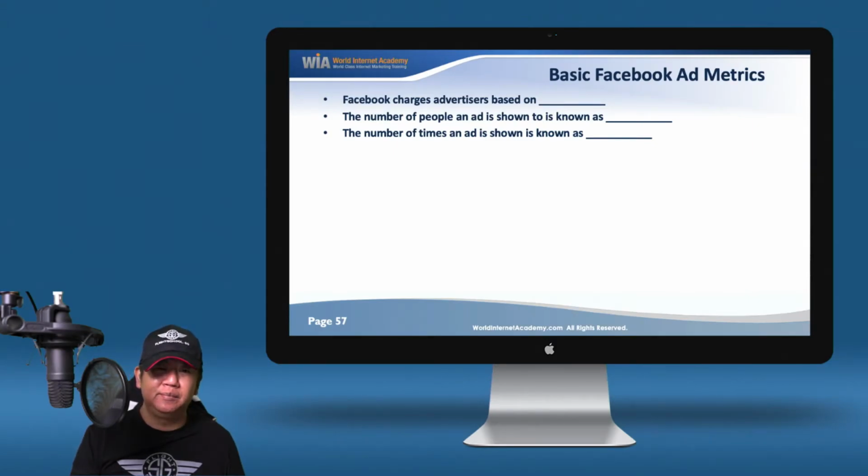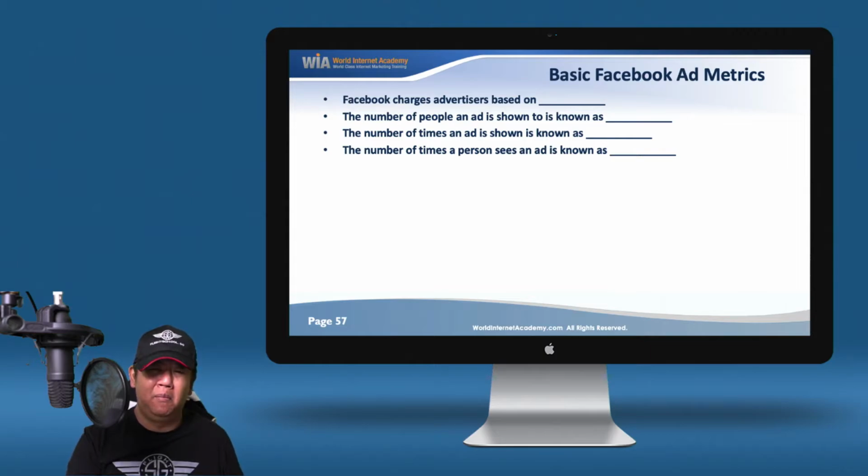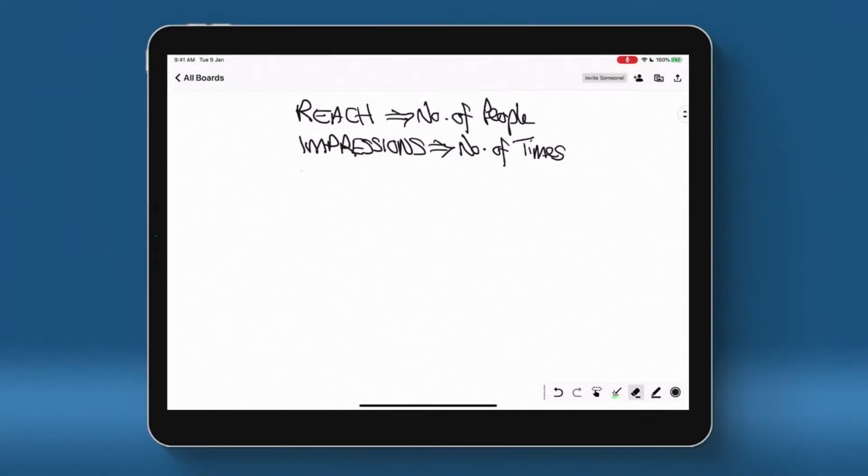Let's proceed. Number of times a person sees an ad. I know they all sound the same, but it's not the same. The number of times a person sees the same ad. The right answer here is frequency.